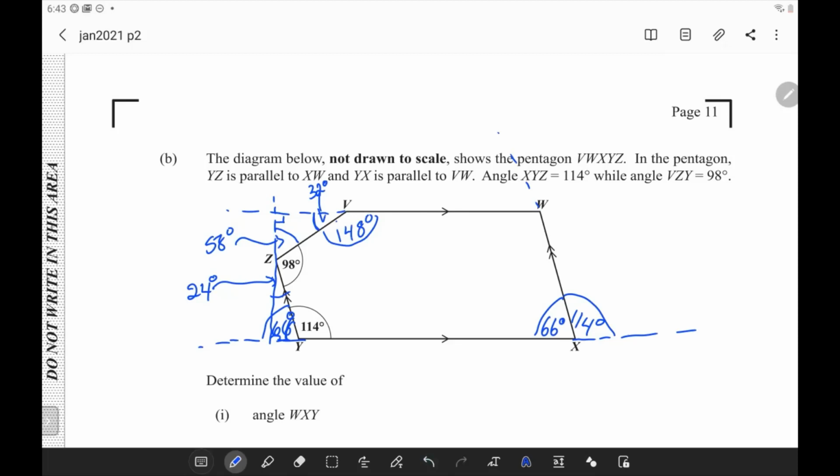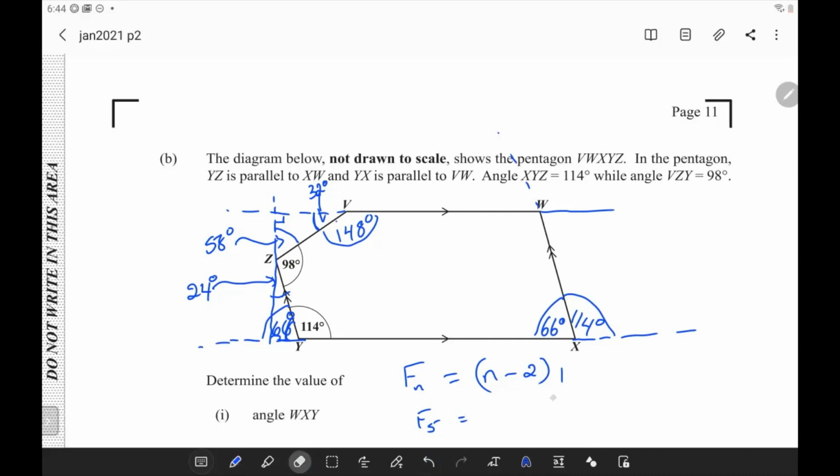Okay, and the last thing we could do, we have to recall, or you could use other methods, but this is one of my favorite methods. We can recall that the sum of the angles in a polygon is given by this formula, n minus 2 times 180, where n is the number of sides. So in a pentagon, we have 5 sides. So we have 5 minus 2 is 3.